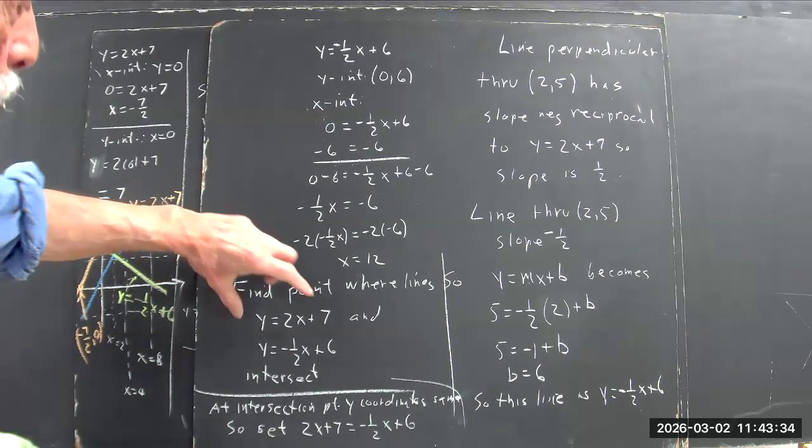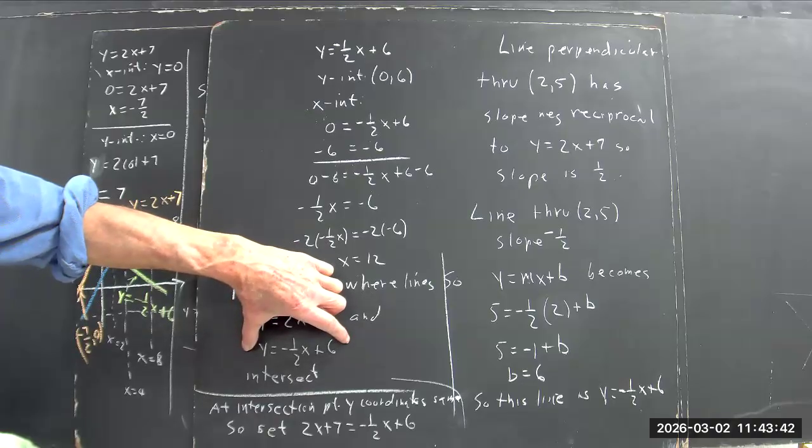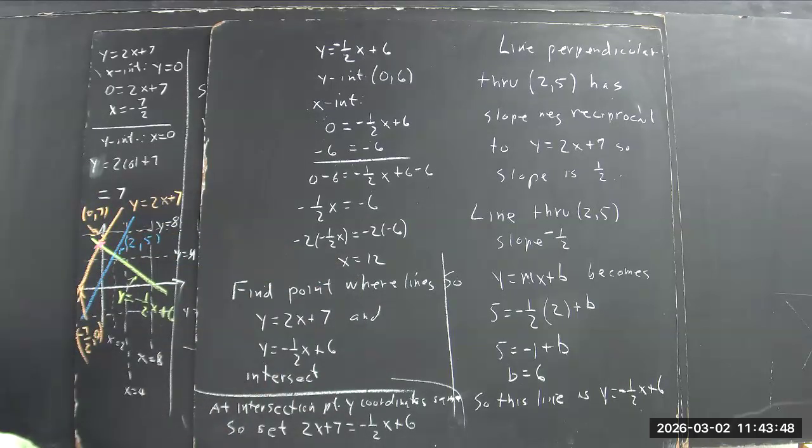So what we do is we say, well, here's the equation for the original line, y equals 2x plus 7. And right below it, I write the equation for the second line, y equals negative 1/2 x plus 6. At the point where these intersect, the y coordinates have to be the same. So do the x coordinates.